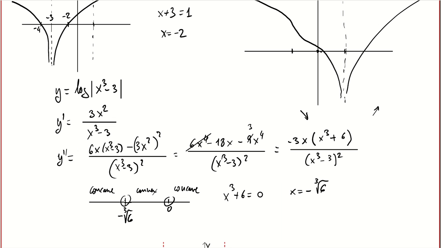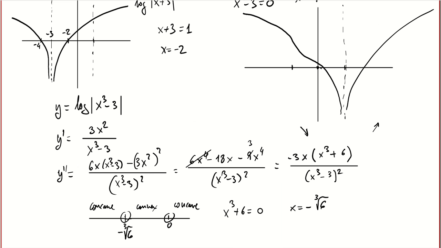I didn't mention it, but 0 is a point where the derivative is equal to 0. So as a matter of fact, the plot that I did here is not quite correct because it has a minimum there, right? Sorry, not a minimum.